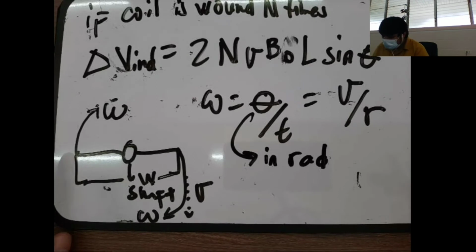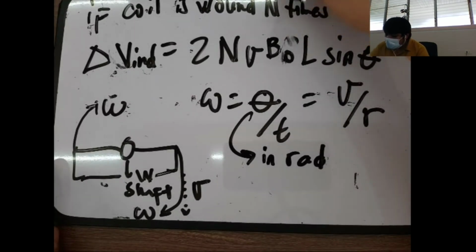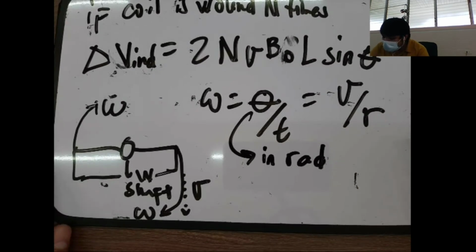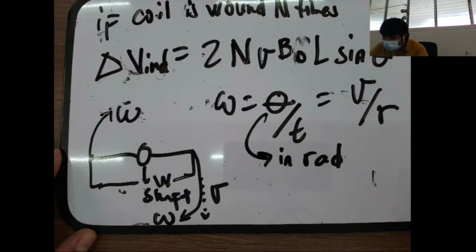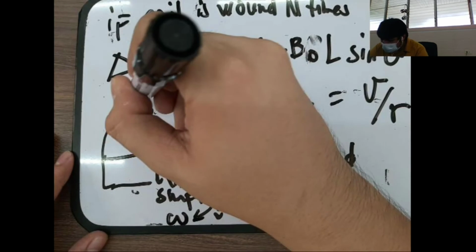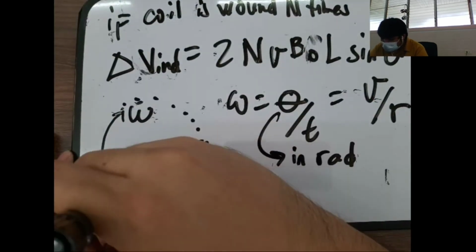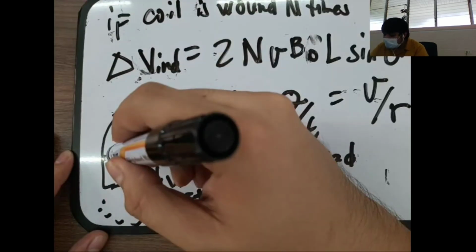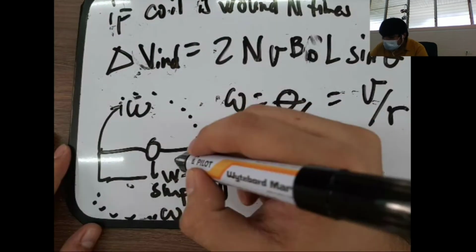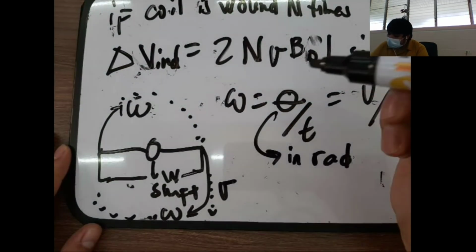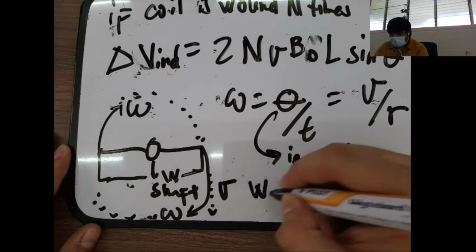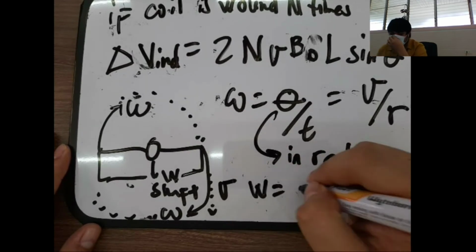And as we have seen here, since this traces a circular path, we'll just draw here a circle. Now the width of the coil is actually the diameter of the circular path that it traces.